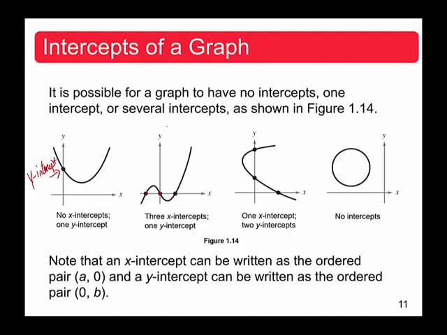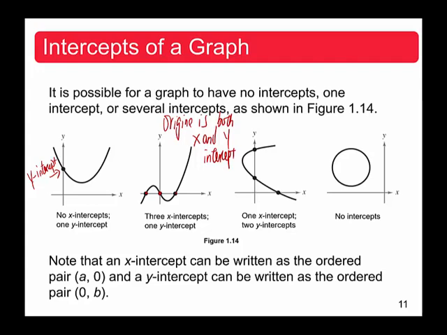So origin is counted both as an x-intercept and y-intercept at the same time. It's a very special case if you have an intercept at the origin.